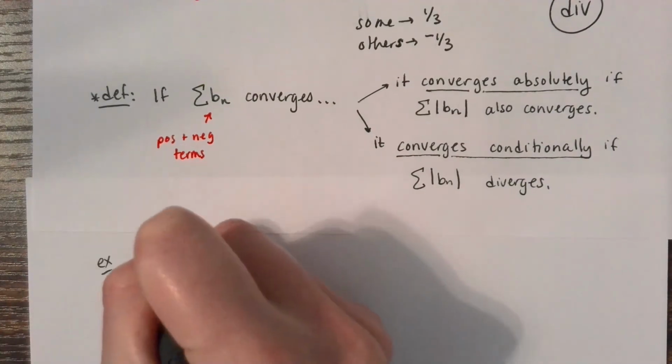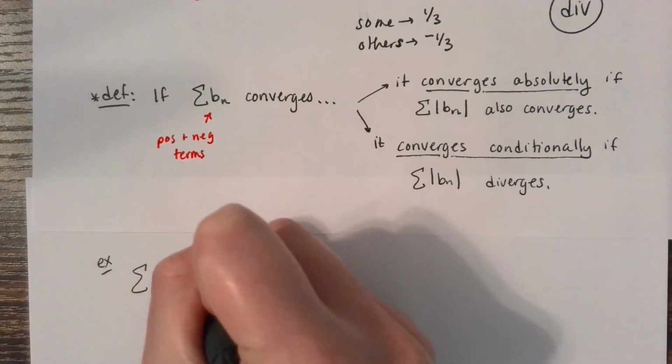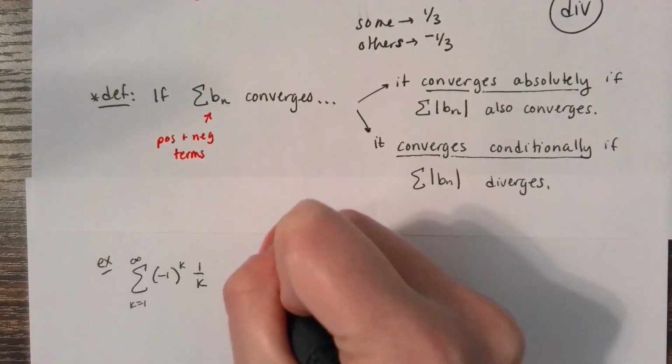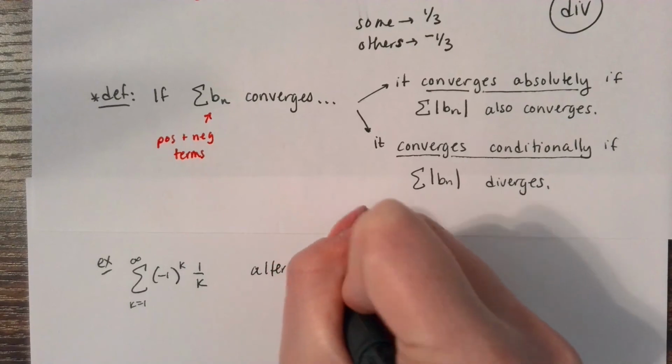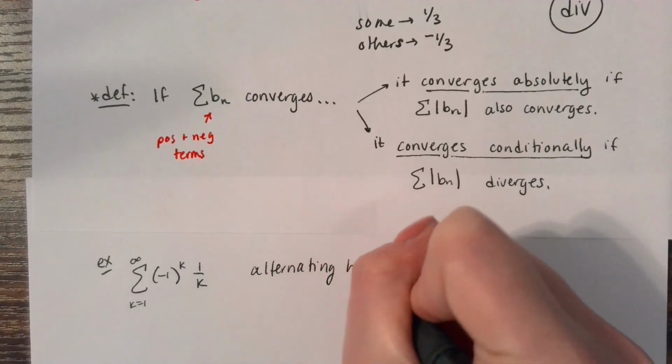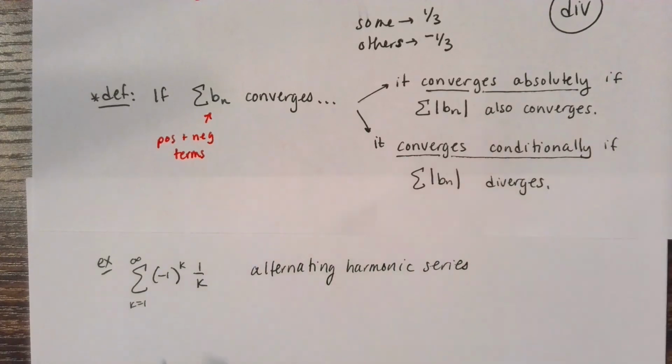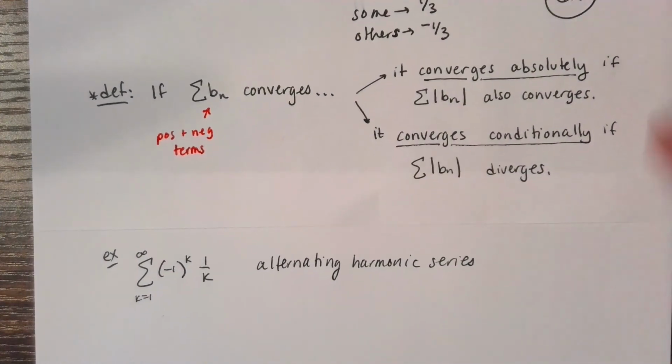Let's consider the alternating harmonic series. Sometimes we see this with -1 to the k plus 1. Here we're using -1 to the k. Still kind of the same idea, they just start on different signs.